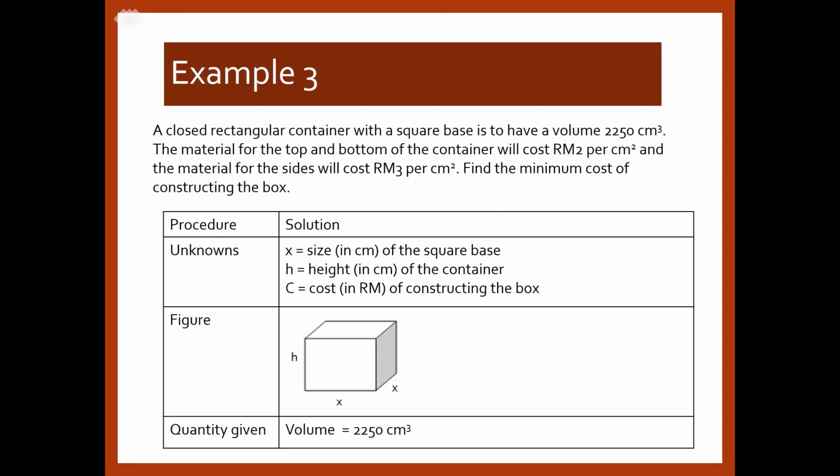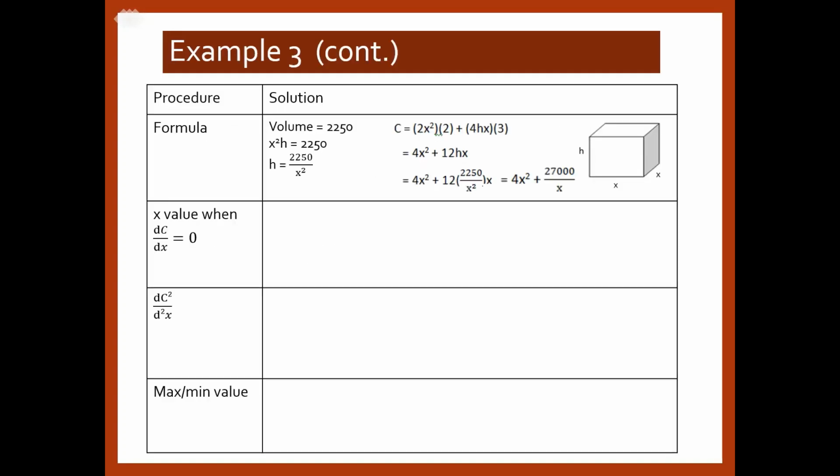The container can be represented by the following figure, given that the volume is 2,250 cm3. The volume is represented as x squared h equal to 2,250. Simplify, you will obtain h equal to 2,250 over x squared.